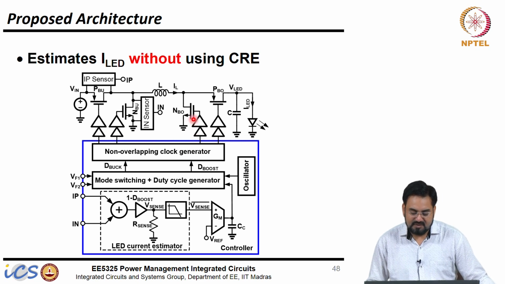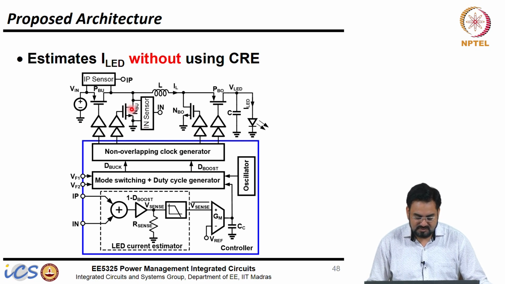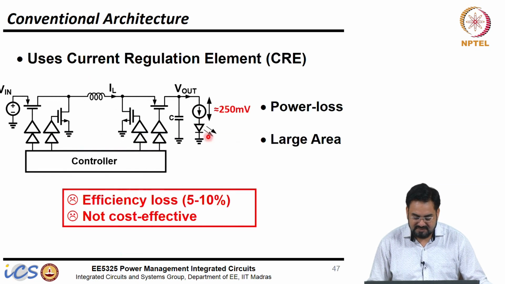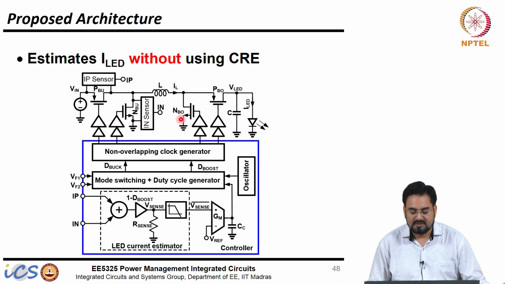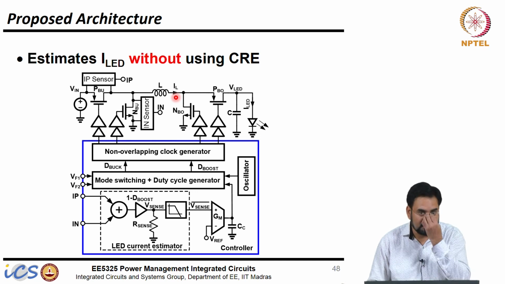So what we can do actually, instead of having this extra current source, we simply sense the current which is going into the inductor. We know that inductor current in case of boost is I load over 1 minus D, and in case of buck your inductor current is same as I load.